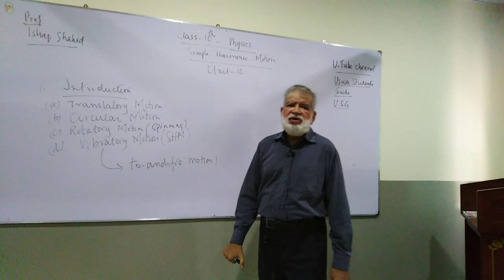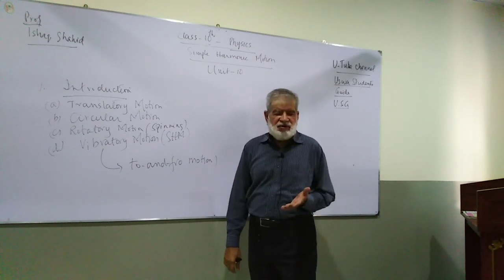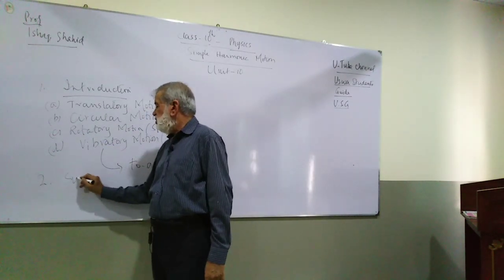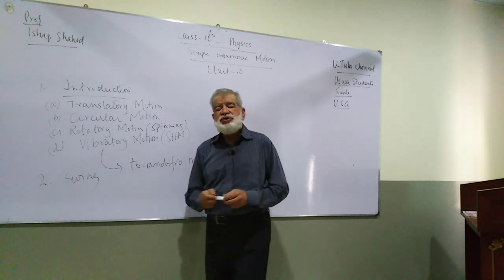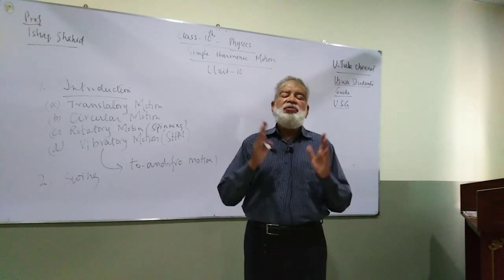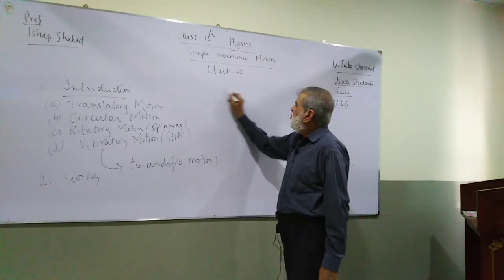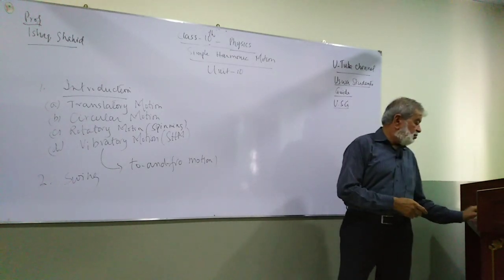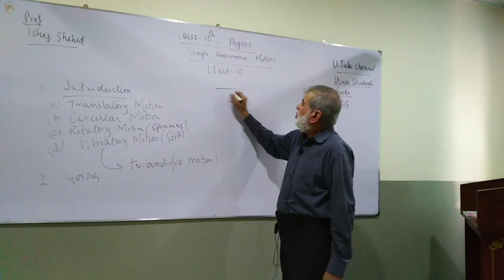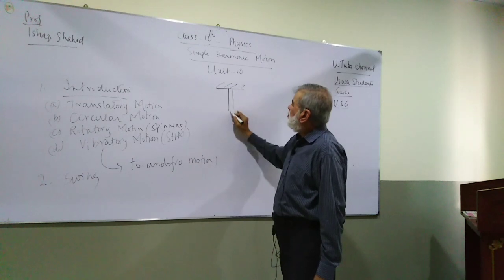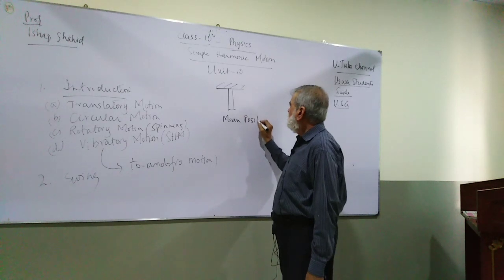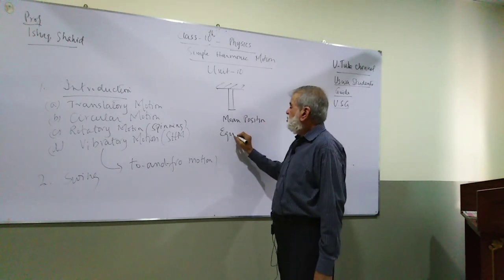For to and fro motion, you have seen the motion of a spring and of a swing. In the motion of a swing, there is a central position known as the equilibrium position or the mean position, where a swing normally hangs.